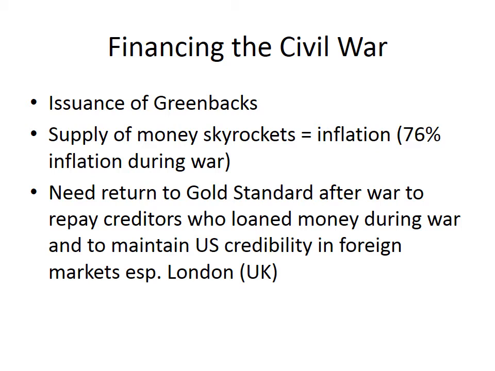And as a result, the paper currency is not going to be very valuable. This is going to be a problem for creditors that lent the North money during the war, both European creditors and domestic creditors.